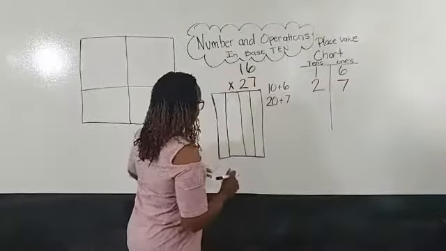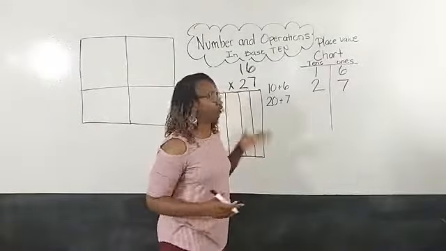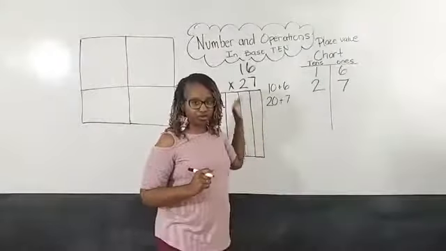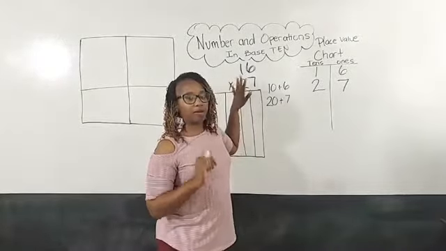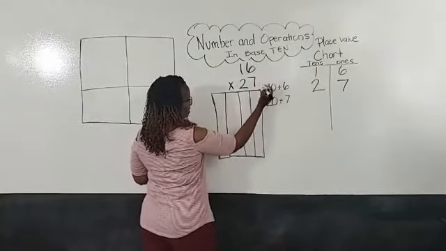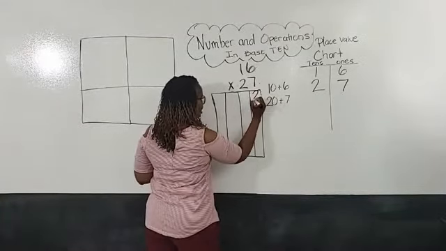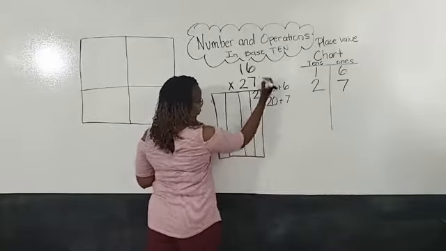So now, let's do it the standard way, the way that most of us learn how to multiply two-digit numbers by one another. So let's look at it like this. We do 6 times 7, which is 42, right? These numbers are in my ones place. Use that language, ones place.